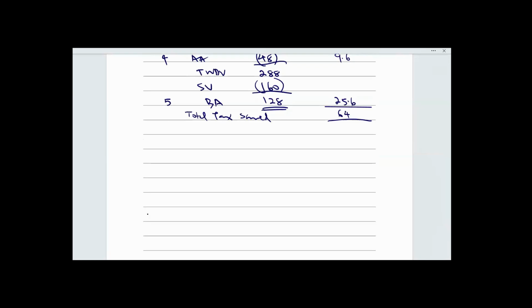The capital allowance claimable is equal to the cost of the asset minus scrap value, multiplied by the company tax rate. In this case, 480 minus 160 multiplied by 20%. I should have the same thing as 64.